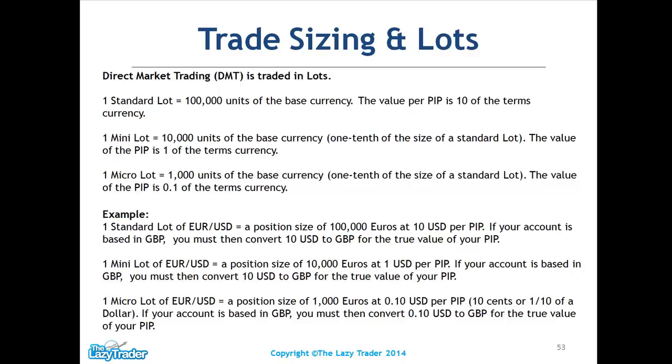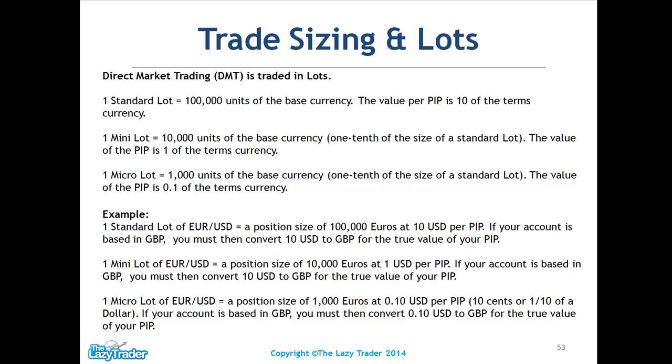One standard lot. If you hear someone say he traded a lot or she traded a lot, that is 100,000 units of the base currency. So if you were looking at sterling / US dollar and you traded one standard lot, you'd be trading 100,000 units of sterling, because it's the base currency, or the currency on the left of the pair.